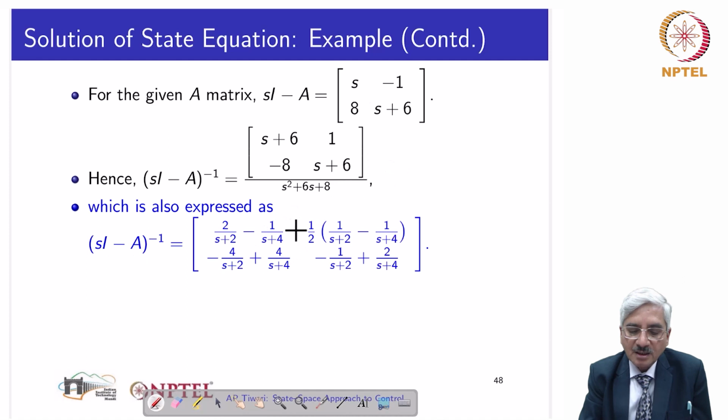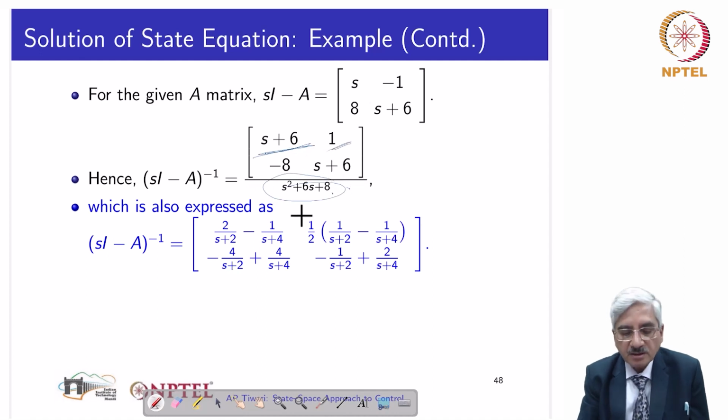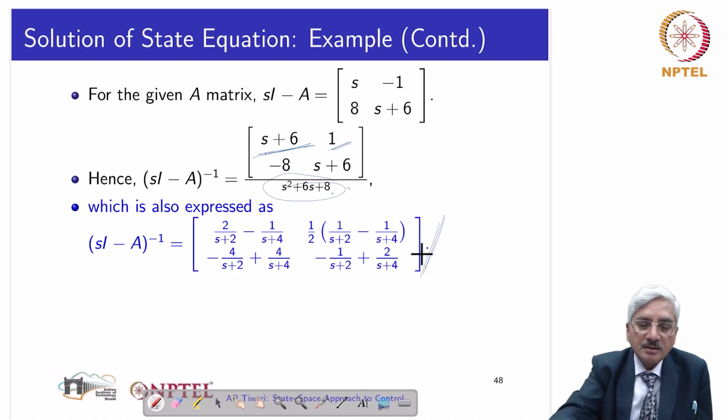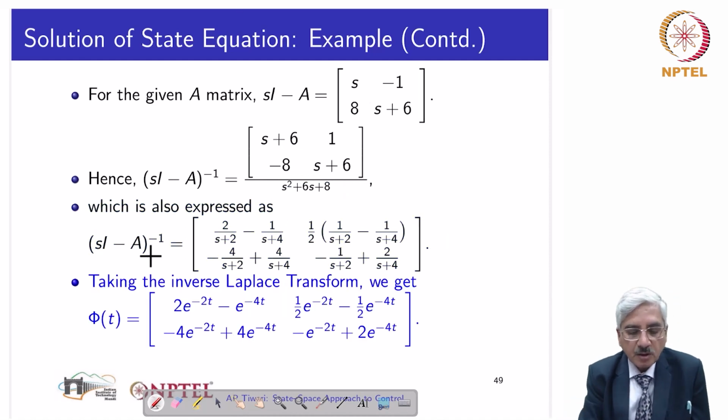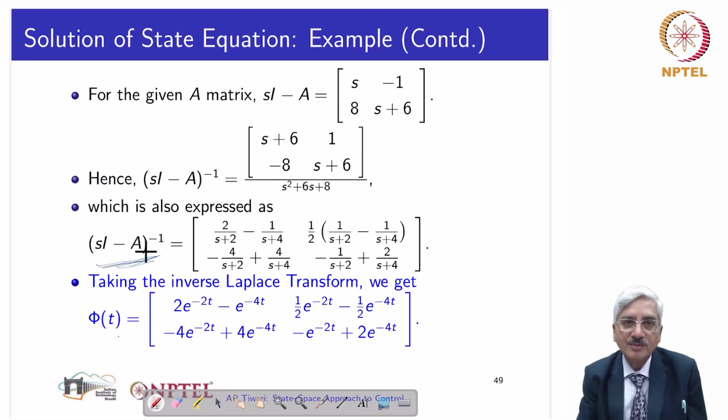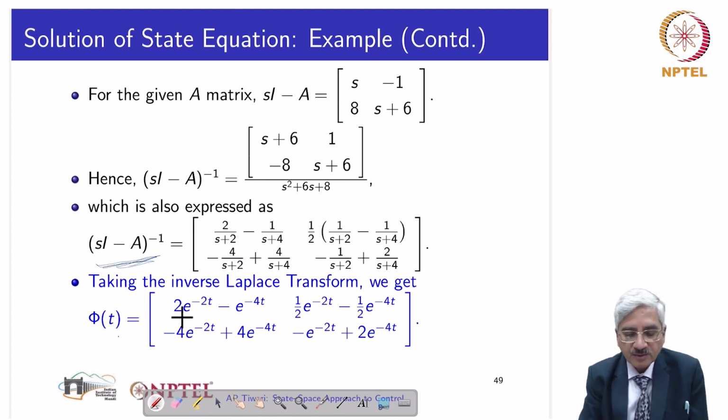But before that we express each of these terms, s plus 6 by this denominator, 1 by this denominator, etc., into partial fractions. So we obtain this, and then we take the inverse Laplace transform to obtain phi t, which is the inverse Laplace of sI minus A inverse, which will be these terms.